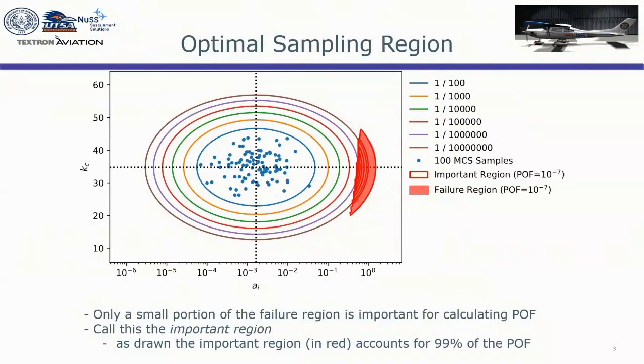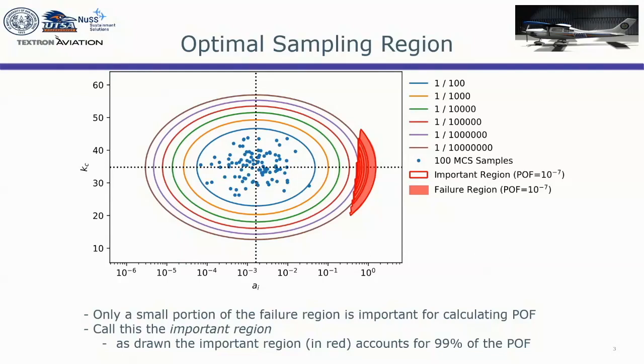So going on further towards what is importance sampling, just take this example. The optimal region to put samples to estimate the probability of failure would be here in the red, given the failure region drawn on the previous graph, and where your PDF function is largest, so close to the origin.